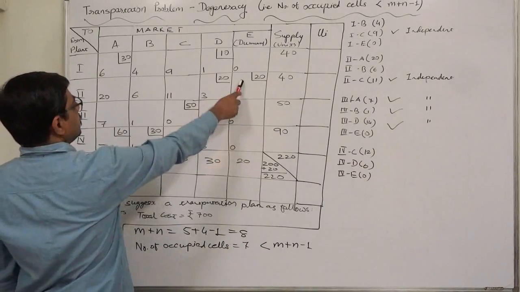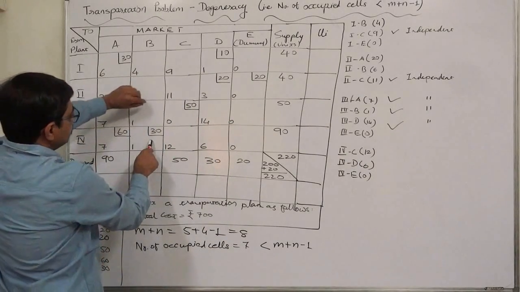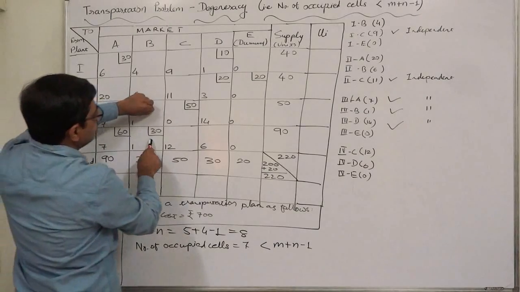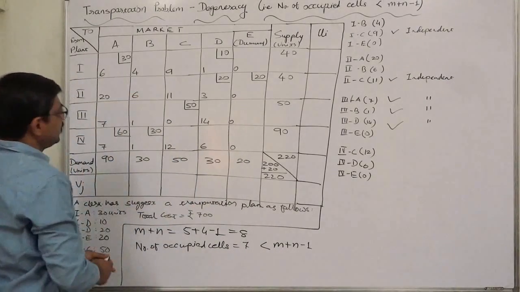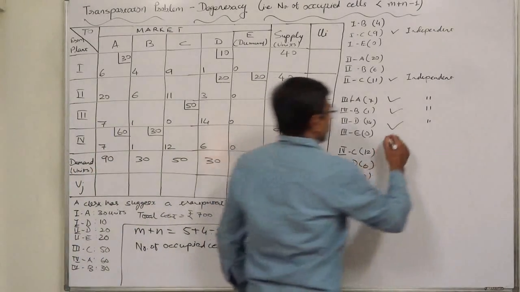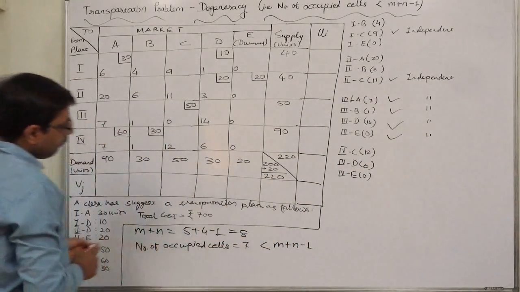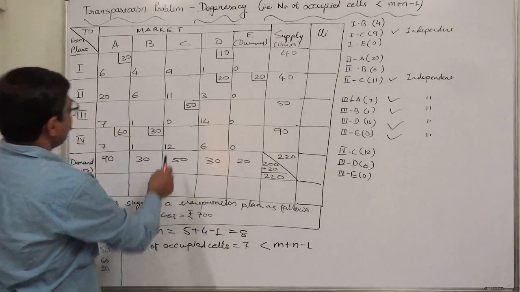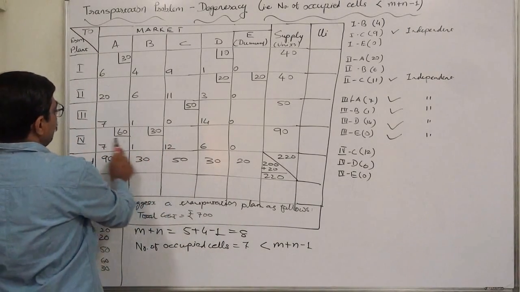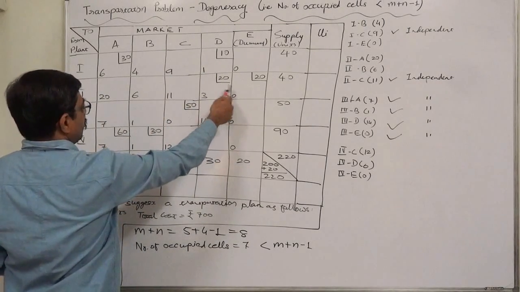Can we draw? 1, 2, 3, 4, 5, 6. But still, only if this cell is occupied can we complete the closed loop. So 3E is also independent. What about 4C? Can we draw a closed loop from 4C? 1, 2, 3, 4. Okay.